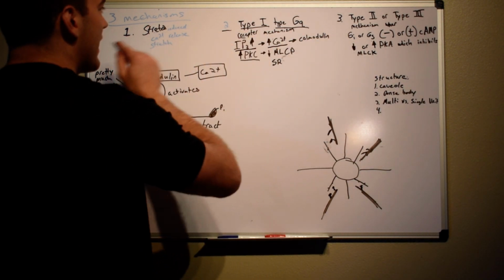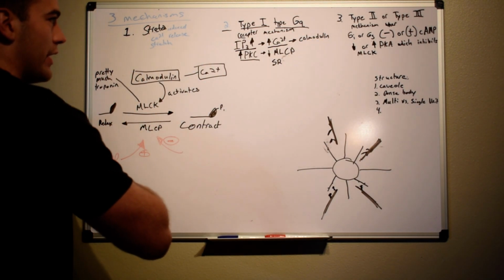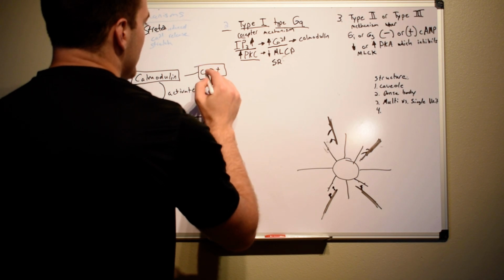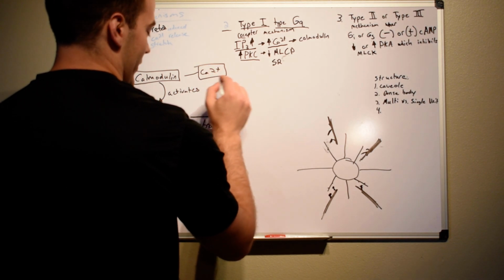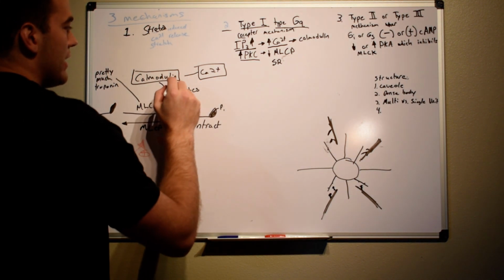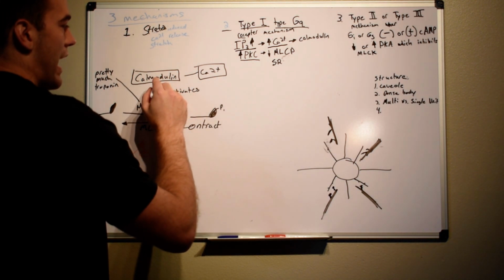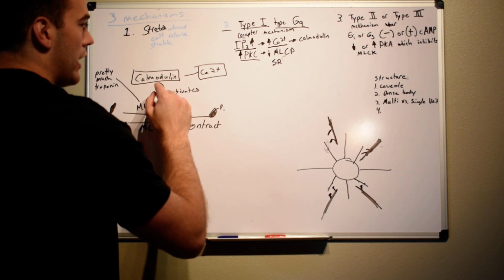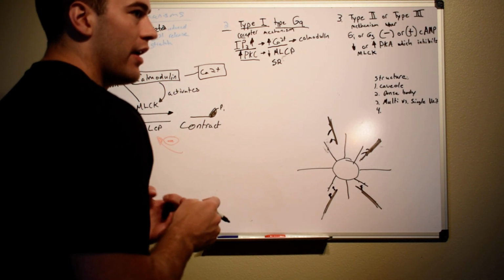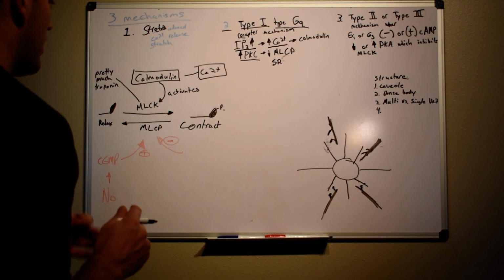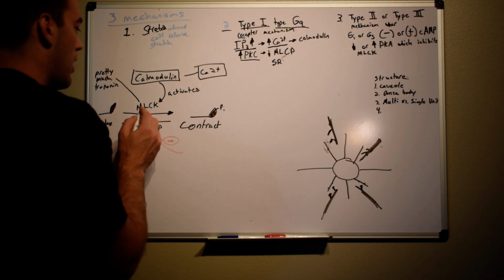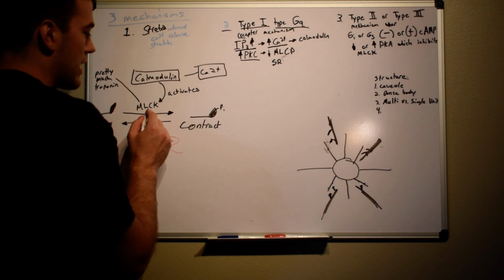So through one of these mechanisms, pick your one here, you're going to eventually lead to an increase in calcium if you're going to contract, and calcium is going to activate calmodulin. Calmodulin is a protein that can go ahead and activate an enzyme called myosin light chain kinase.